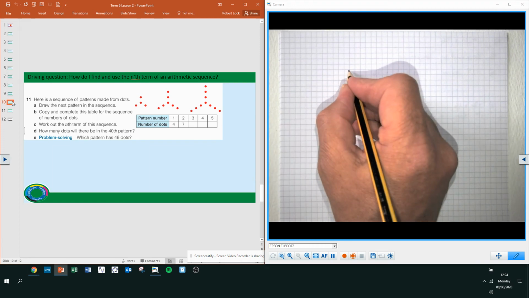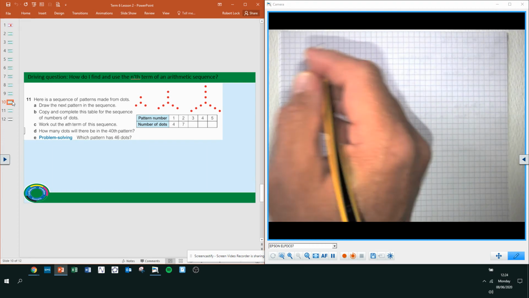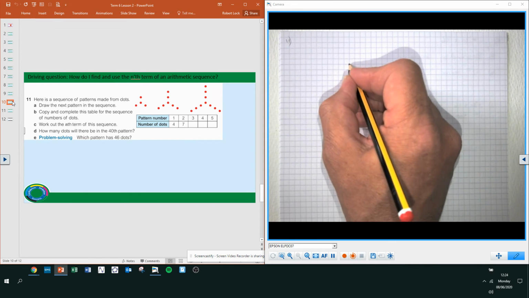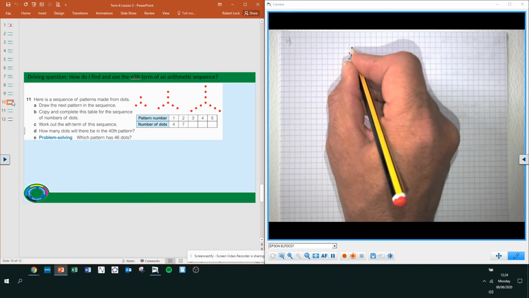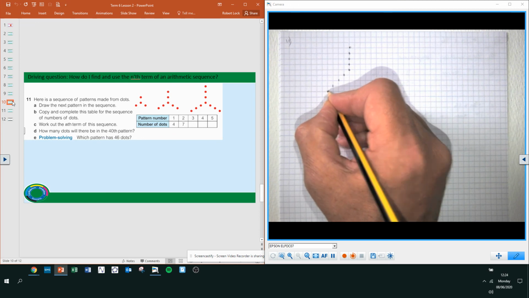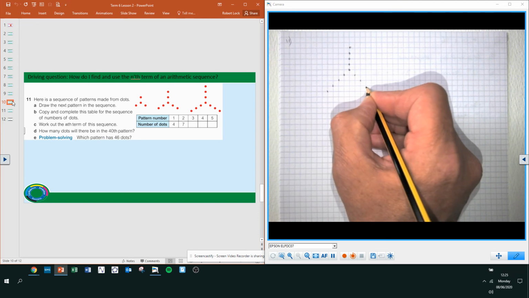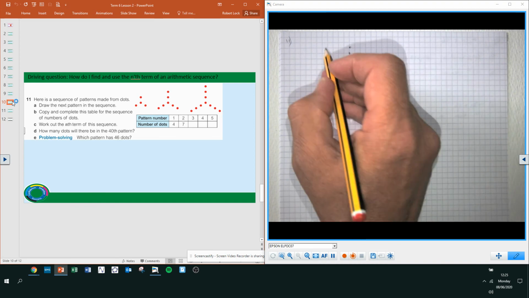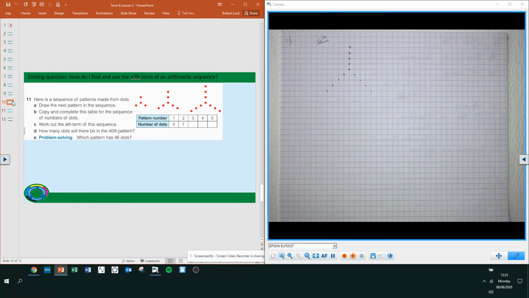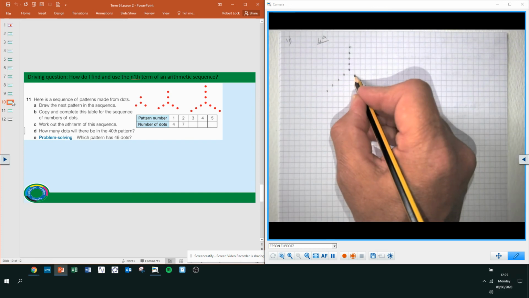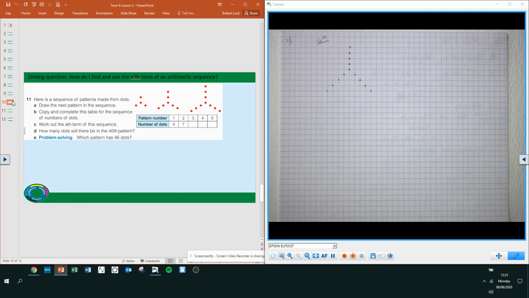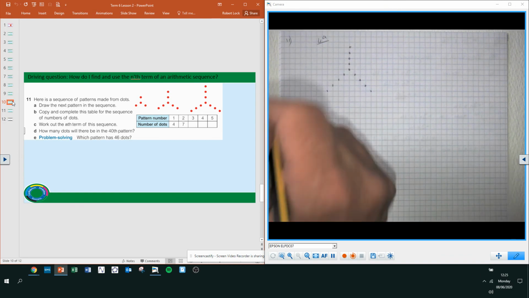Well, it starts in the middle there, 3 there, so it'll be 1, 2, 3, 4, 1, 2, 3, 4, 1, 2, 3, 4, and that'll be the fourth pattern drawn. You see that? Fourth pattern. So that's A.